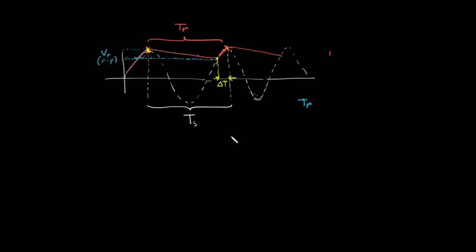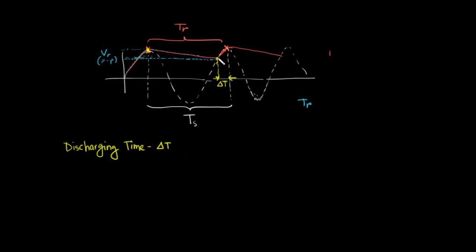So for how much time does the capacitor discharge? Well, the discharging time is delta t. Okay, all right. Oh, sorry, I made a mistake. Delta t is actually the charging time.